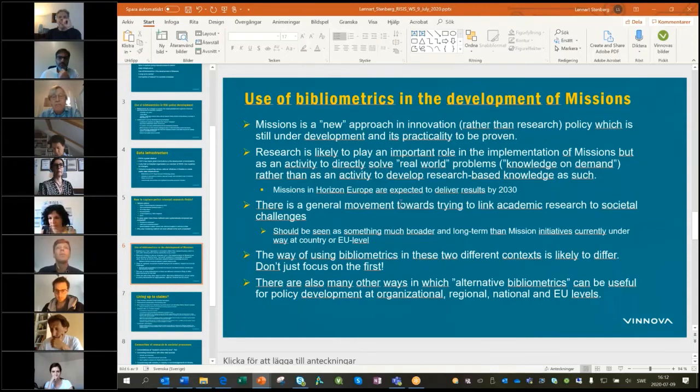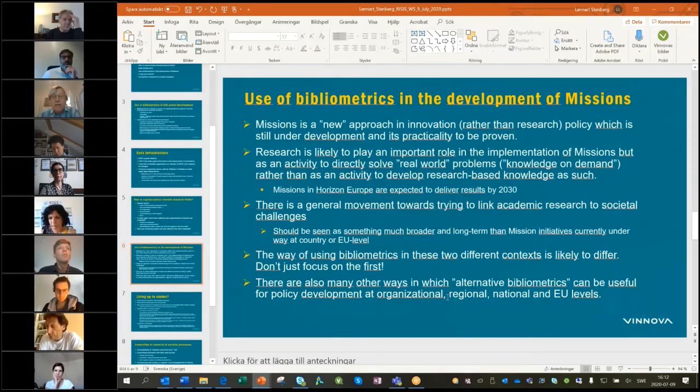But I would think that this may be a more relevant context in which to explore the possible use of bibliometrics than thinking about the mission initiatives as policy initiatives. So I would distinguish them a bit, even if they are of course related.